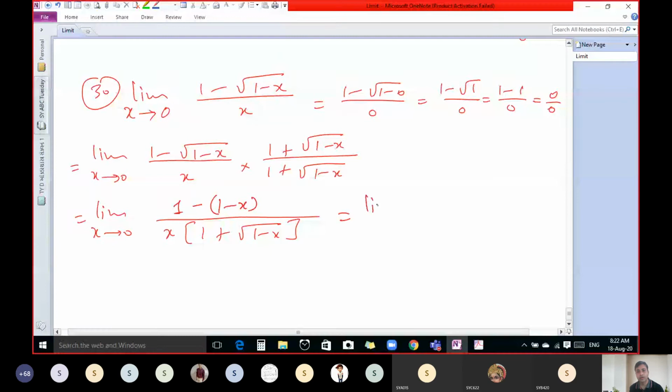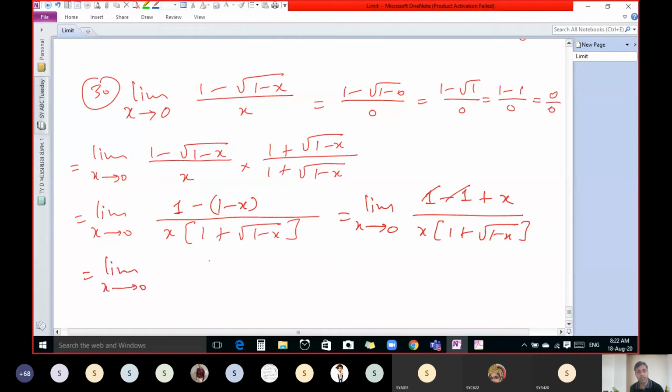And now simplify numerator. So it is 1 minus, if we open the bracket, 1 minus 1 plus x, and keep this as it is. So you can cancel this 1 minus 1. So what we get in numerator is x, and in denominator x in bracket 1 plus root 1 minus x.